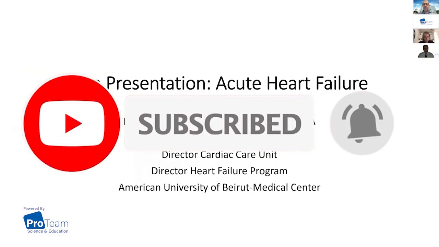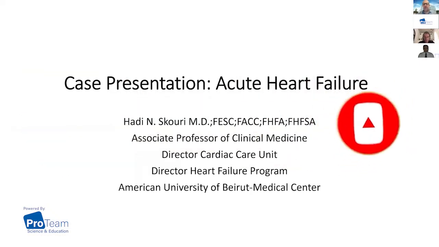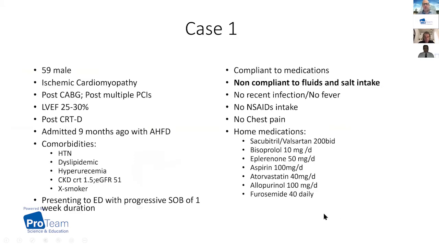I present to you now a case presentation, after which we'll raise some questions that will be answered by our panelists. This is a case that you all may encounter in the emergency room or in the chronic care unit. A 59-year-old male with ischemic cardiomyopathy post bypass surgery and multiple angioplasties before. His latest ejection fraction was 25 to 30%.